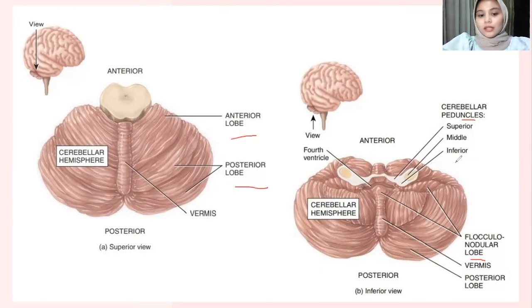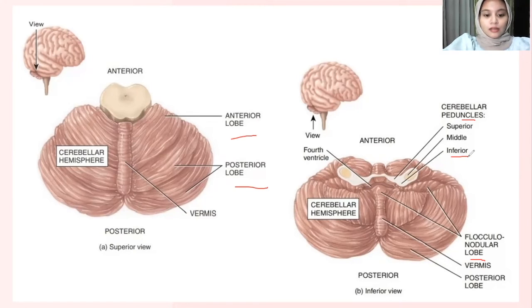The last one is the inferior cerebellar peduncle. It consists of, first, axons of the spinocerebellar tracts that carry sensory information into the cerebellum from proprioceptors in the trunk and limbs.